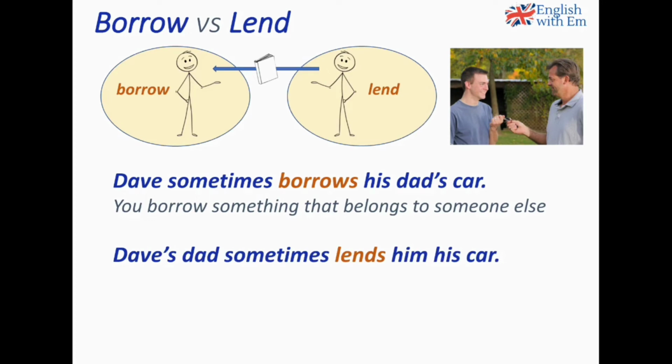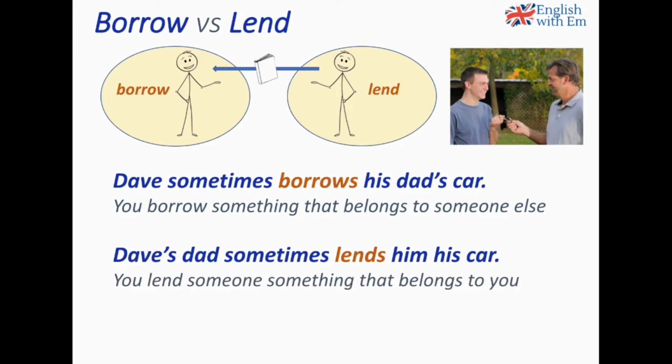Dave's dad sometimes lends him his car. So you lend someone something that belongs to you. Now, this ownership is important because you can't borrow something that belongs to you, and you can't lend something that belongs to somebody else.